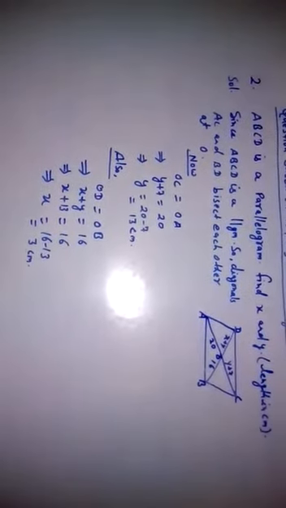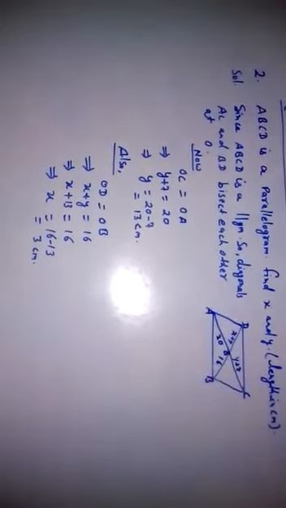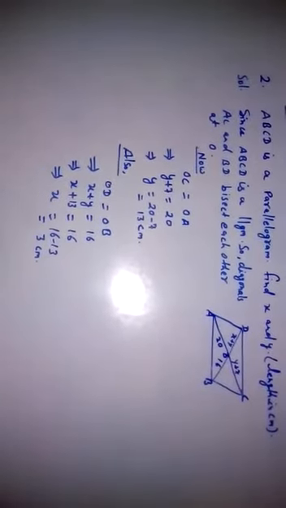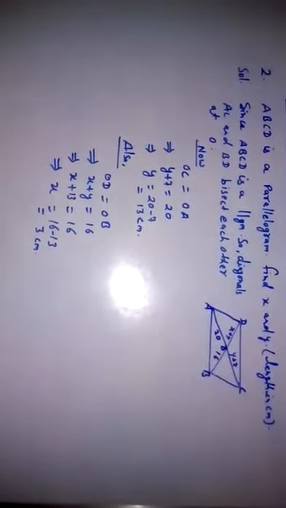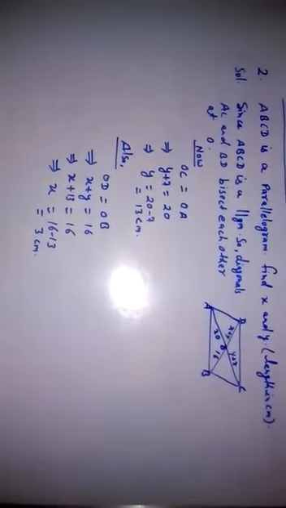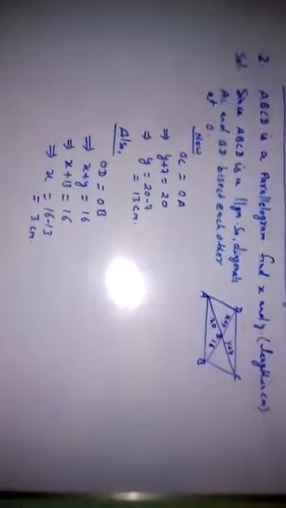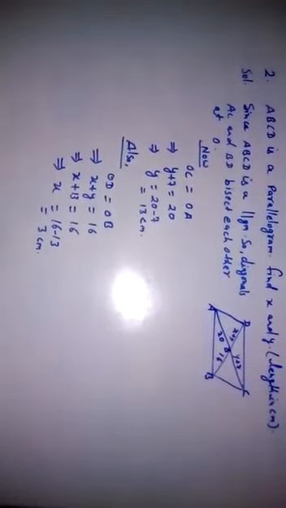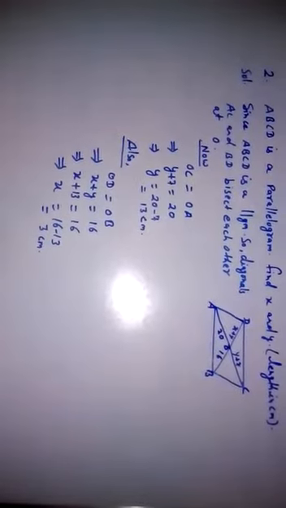Therefore x equal to 16 minus 13, that is 3 centimeter. So from this type we find the value of x and y when it is given in the form of diagonals. Understood?